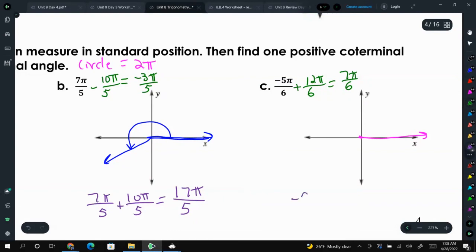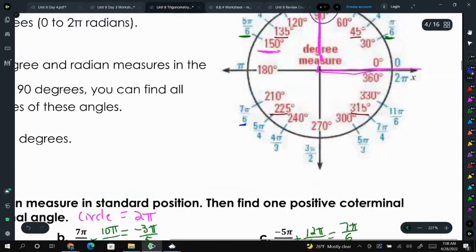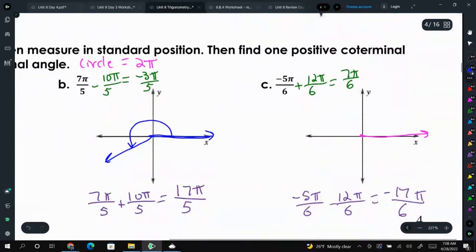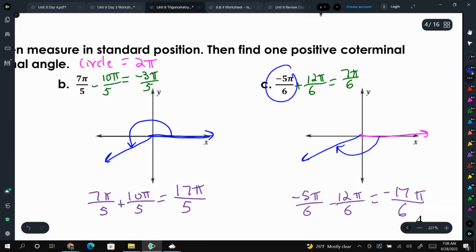And then if I do negative 5 pi over 6 minus 12 pi over 6, that's negative 17 pi over 6. Now, I know where 7 pi over 6 is. If we look up here, it's right here, that 210 degrees. But since my angle is negative, I need to go in this direction and draw it.